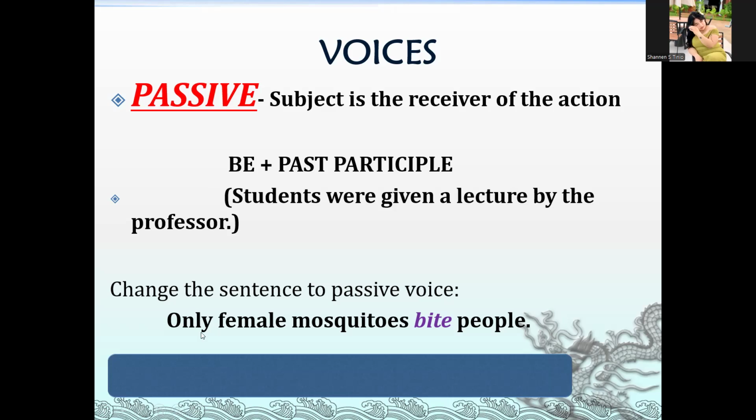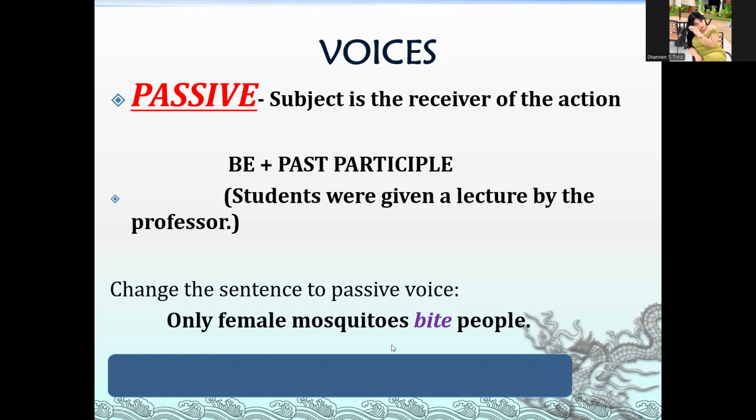So this sentence over here is an active voice. Only female mosquitoes bite people. Paano natin siya gagawing passive voice? People are bitten by female mosquitoes. Gets yun na? So, ito active voice kasi mosquitoes bite.